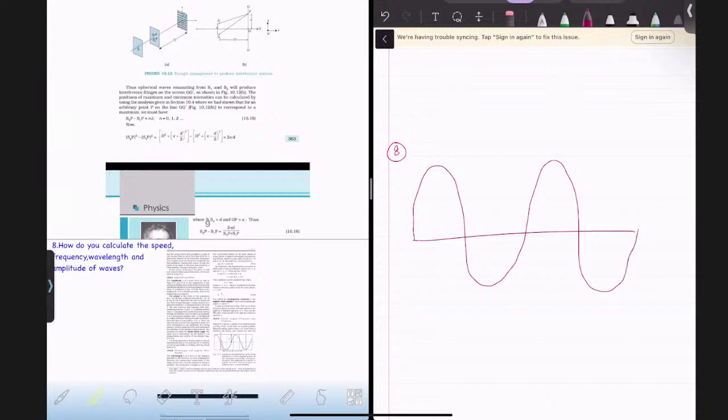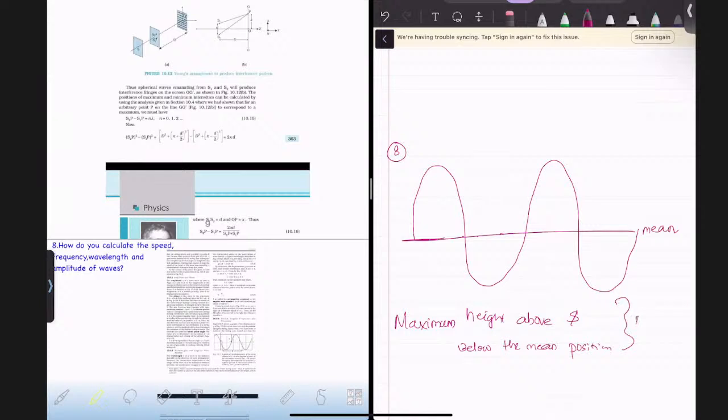Amplitude matlab, if this is the mean position of the wave, this is the mean position, okay? And amplitude का मतलब क्या होता है? Amplitude मतलब the maximum height above and below the mean position.